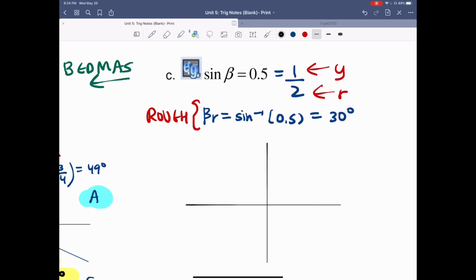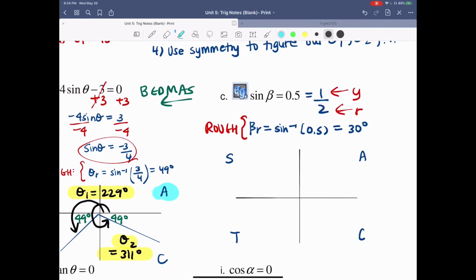So to my x and y axis, I'm going to draw CAST. And I use my highlighter so I can show you that this is the part where it's positive. I'm noticing that it's positive for my trig ratio, so I can go ahead and draw my terminal arms over here. My related acute angle was 30 degrees and 30 degrees.